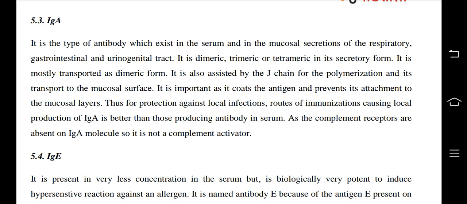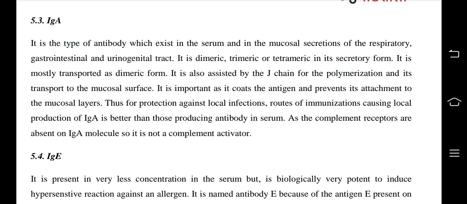producing antibody in serum. Once again, I'm going to read this. It is the type of antibody which exists in the serum and in the mucosal secretions of the respiratory, gastrointestinal and urinogenital tract. It is dimeric, trimeric or tetrameric in its secretory form. It is mostly transported as dimeric form. It is also assisted by the J chain for polymerization and its transport to the mucosal surface.